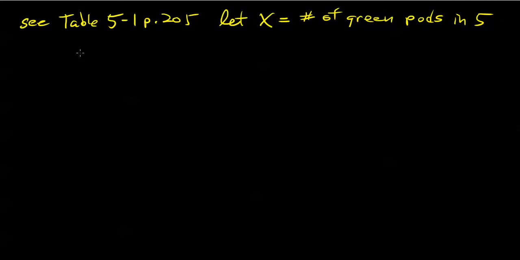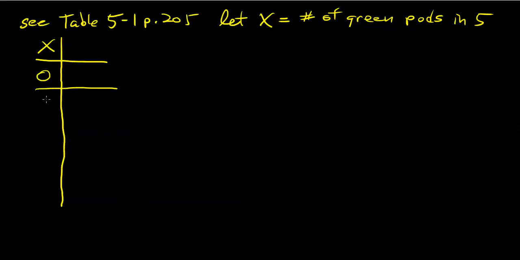Alright, well, if you're talking about the number of green pea pods in 5, the first thing you want to ask yourself is how many values can X attain? Well, the minimum number of green pea pods you could have is 0. You could have 1. You could have 2. You could have 3. You could have 4.